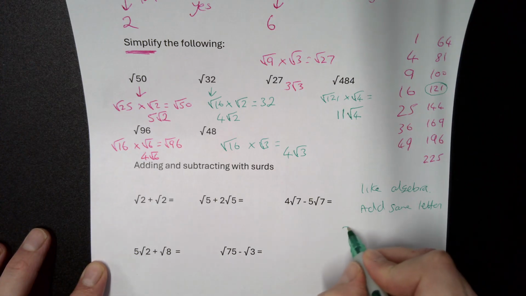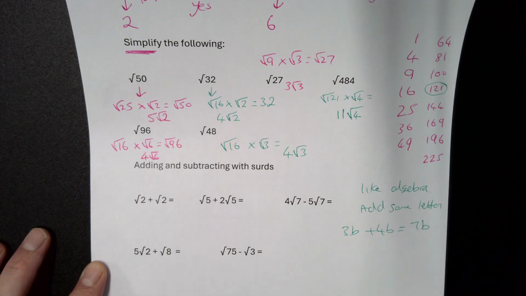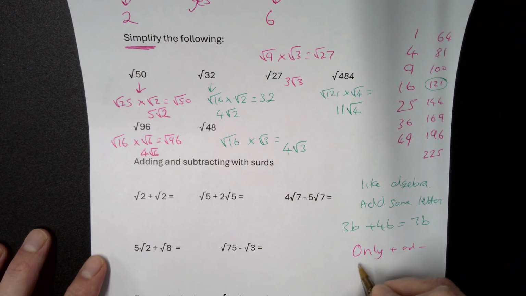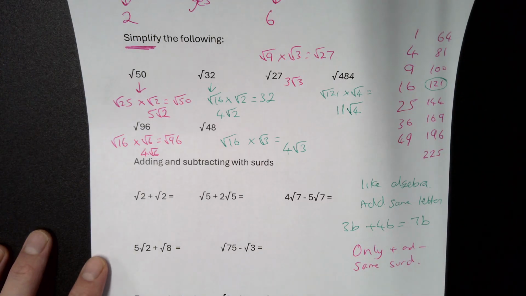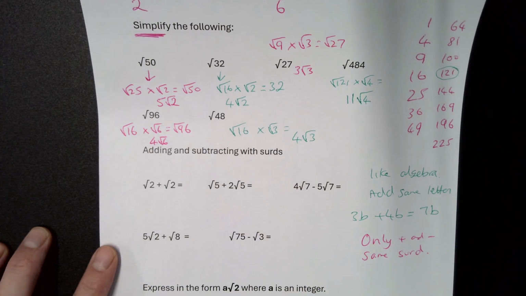So you've got 3b plus 4b equals 7b. Now it's the same with surds. You can only add and subtract the same surd. Okay? If they're not the same, then you must make them the same.